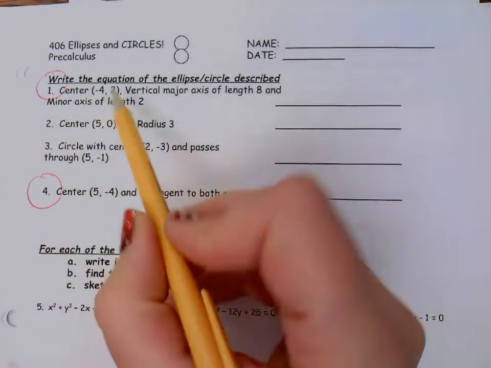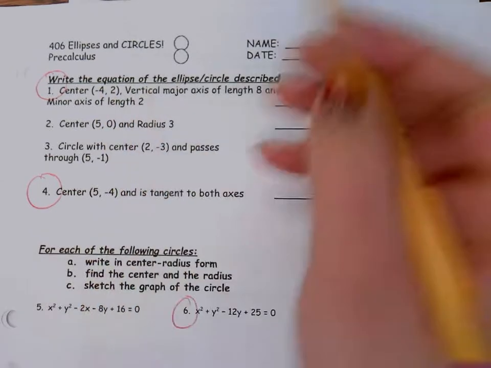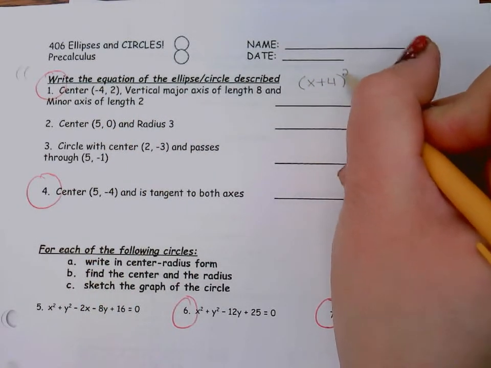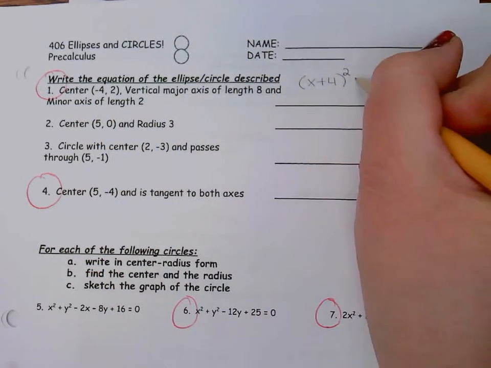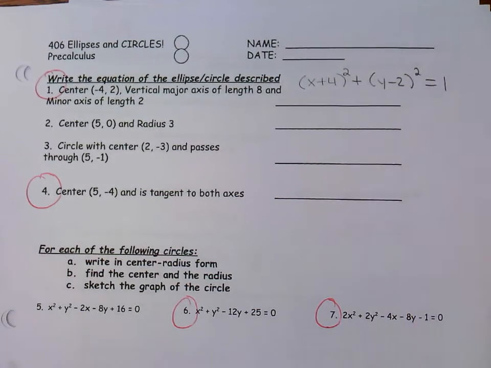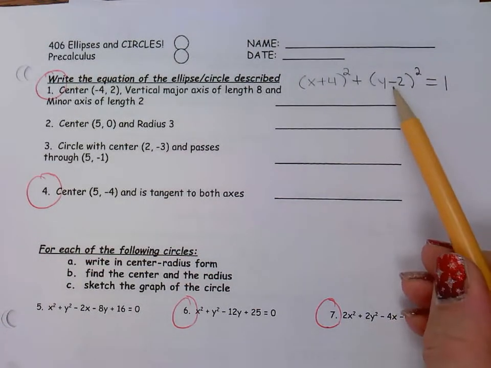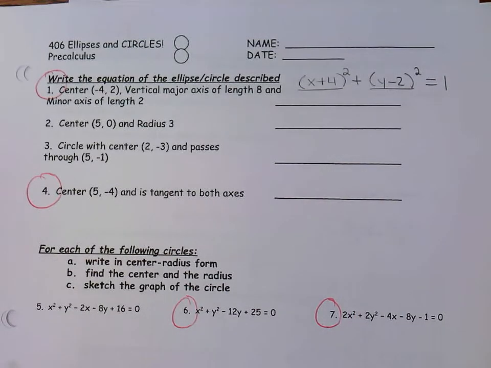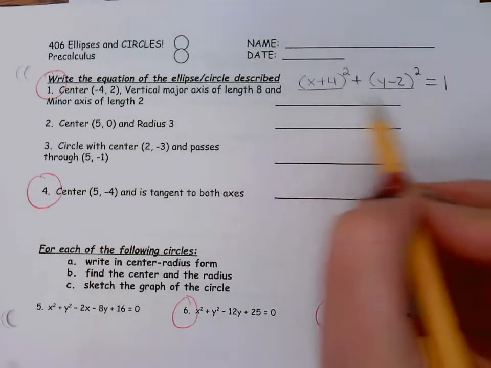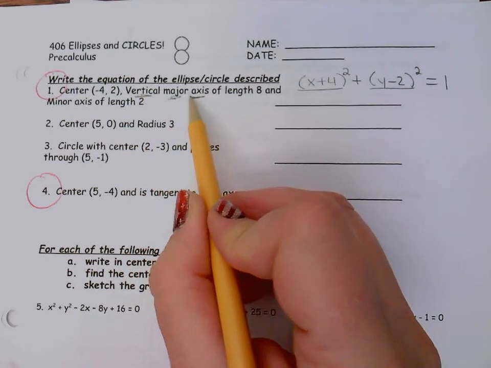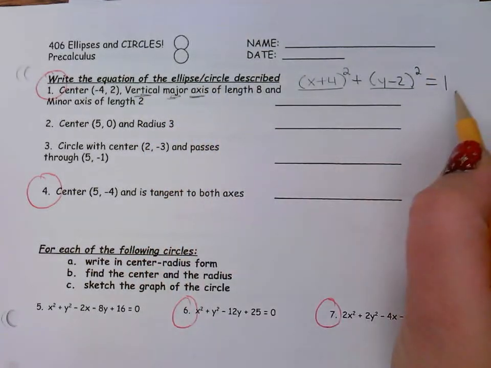So I know how to write the center part. So let's write it as x plus 4 squared, because we're going left 4, plus y minus 2 squared equals 1. So this goes up 2. I need to figure out my a and my b value, or my a squared and b squared value. The vertical major axis tells me that a squared is going to go under the y.